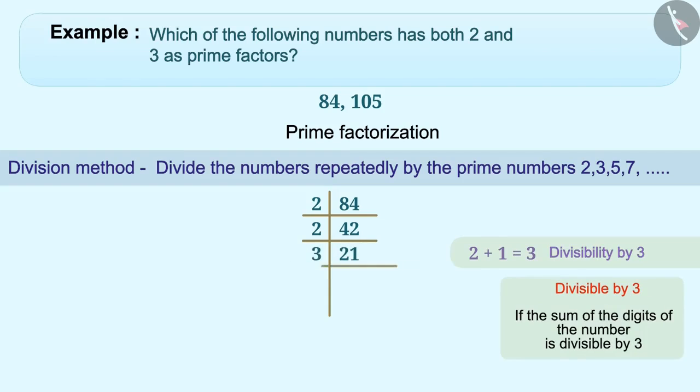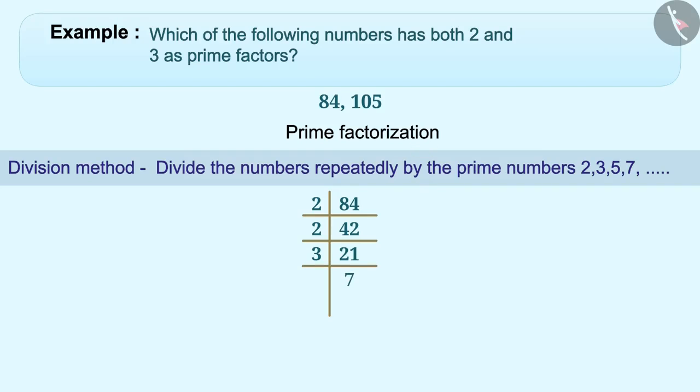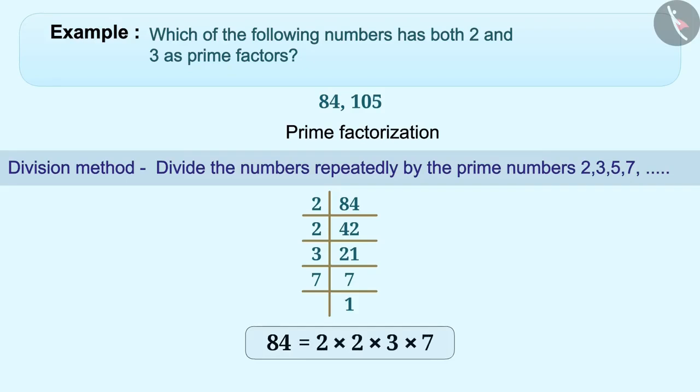On dividing 21 by 3, we get 7. Since 7 is a prime number, we divided it by 7 only. In the last stage, we will get number 1, which shows that we have found out all the prime factors of 84. Therefore, 84 can be expressed in prime factors as 2 multiplied by 2 multiplied by 3 multiplied by 7.